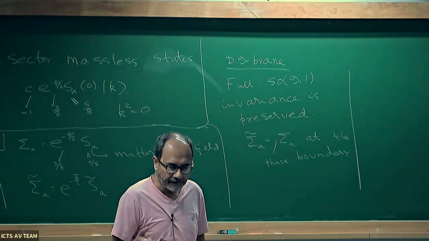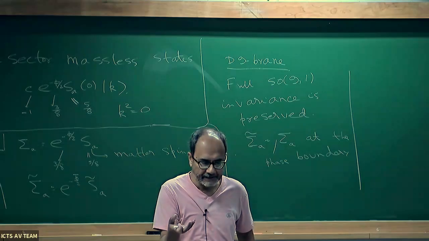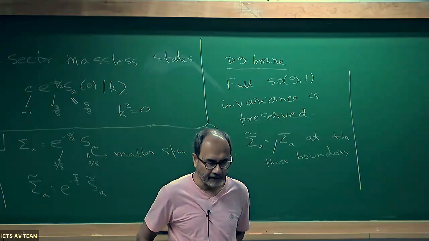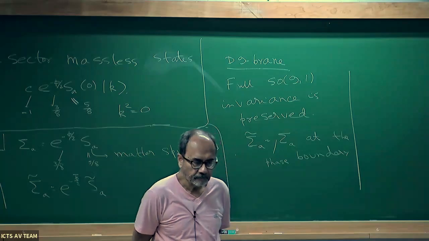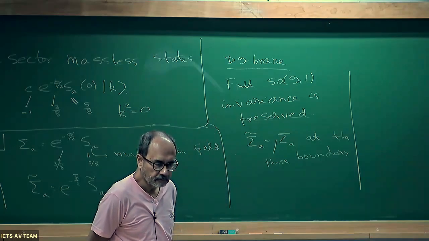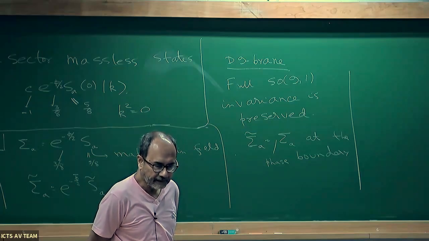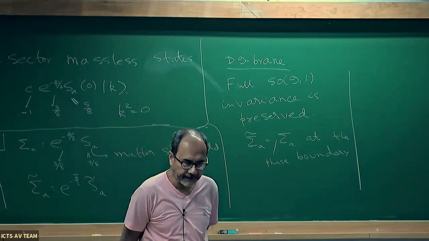But in principle, yes, you can translate the boundary condition on psi to the boundary condition on the phi's, which are the bosonized psi's, and then work out the boundary condition on the sigmas. But here what we have done is that we have taken sigma tilde to be some matrix times sigma, then it will not be SO(9,1) invariant. It would be invariant only if it is the identity. Exactly, that's right.